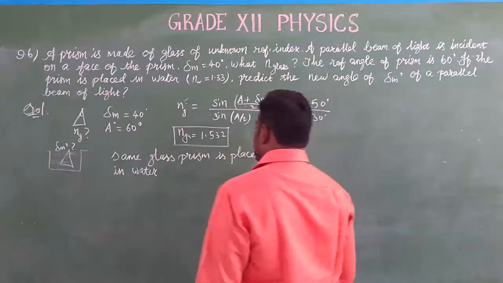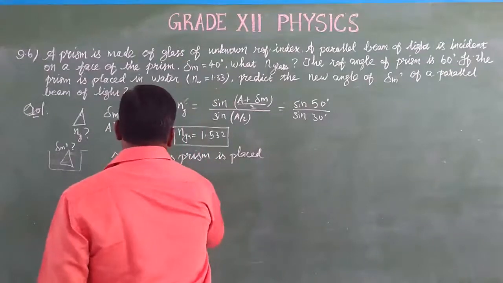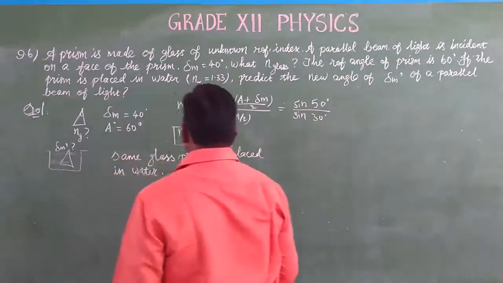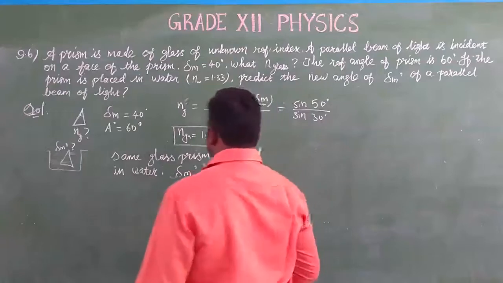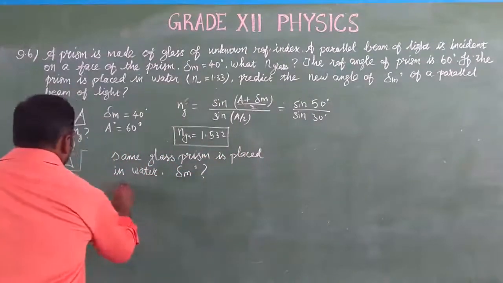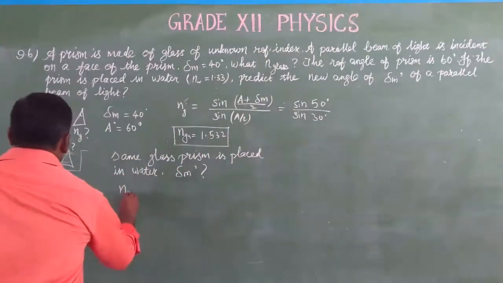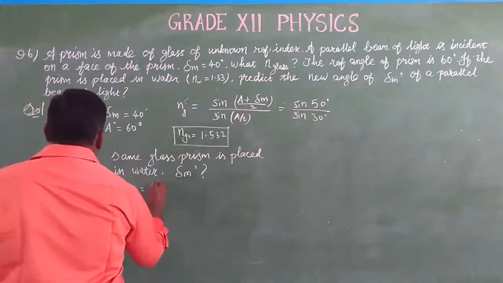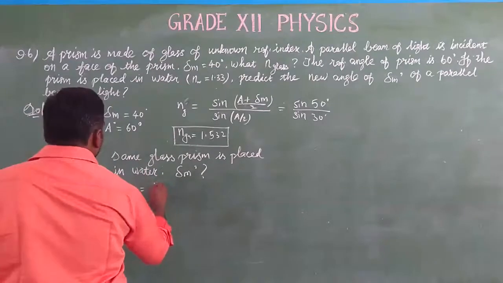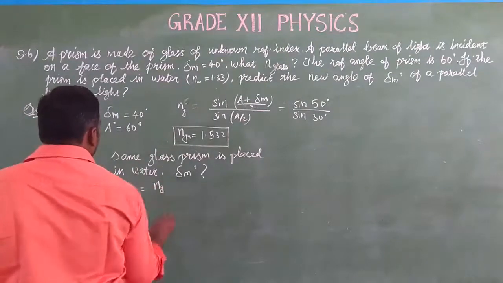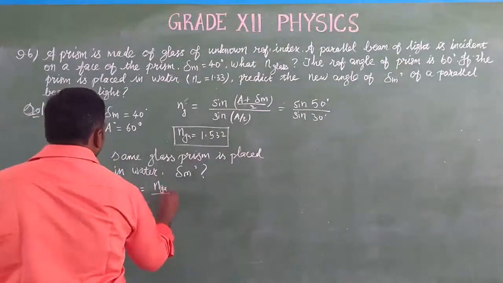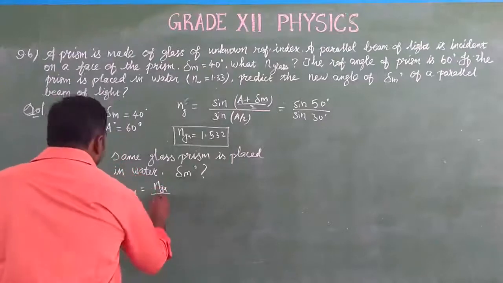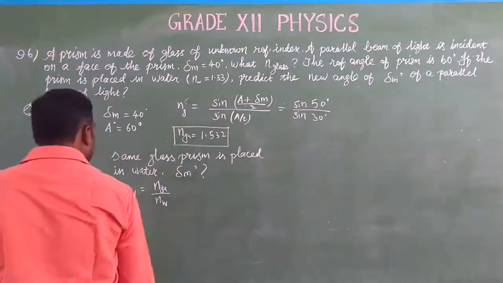We are going to determine it. The refractive index of glass with respect to water is equal to the refractive index of glass with respect to air divided by the refractive index of water.